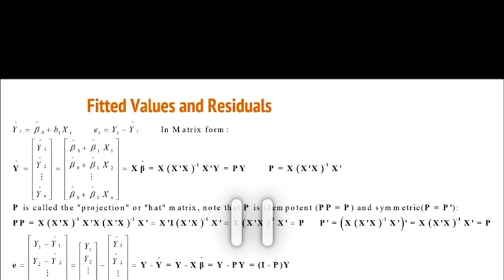Now, what is P? P is the hat matrix. If I plug in P, can you see that? That is P, then times X beta. If you simplify this one, that will give you only X beta. Can you see that?